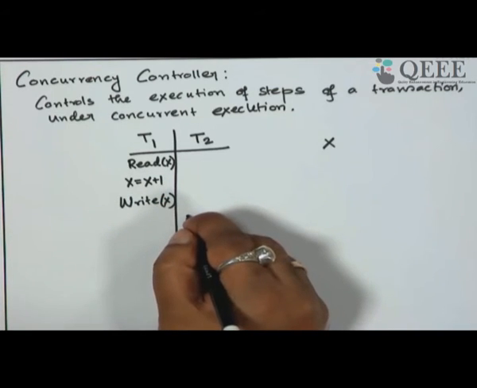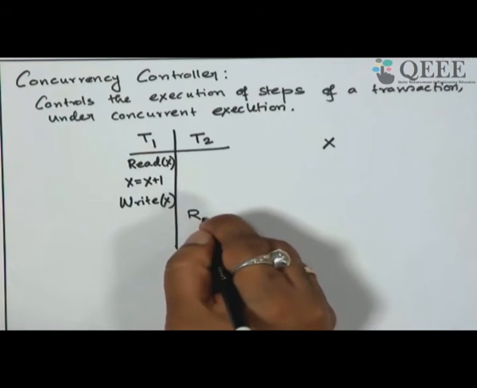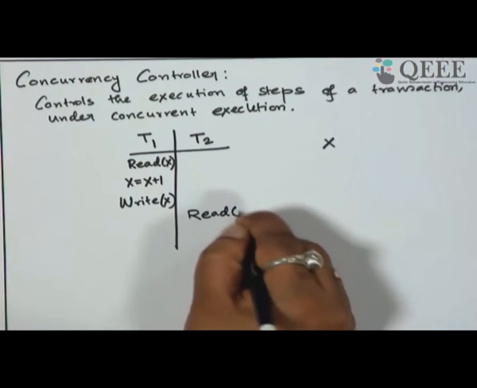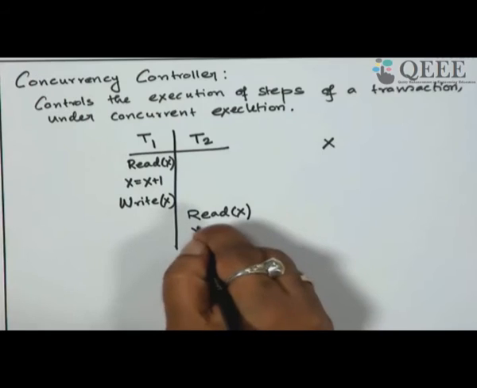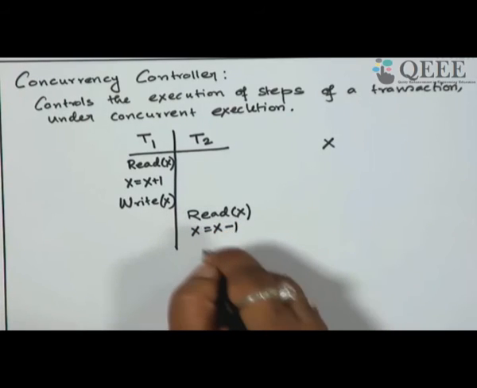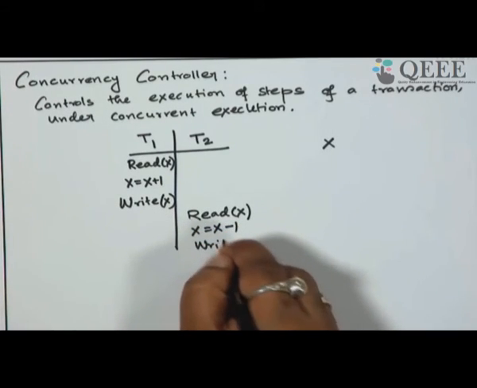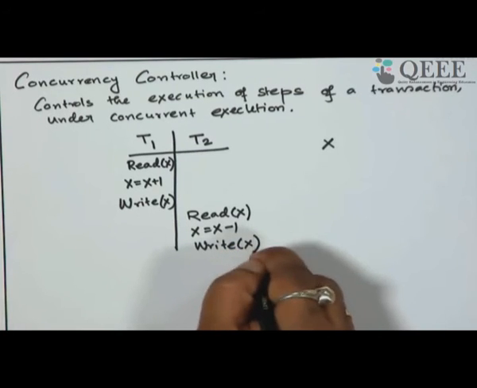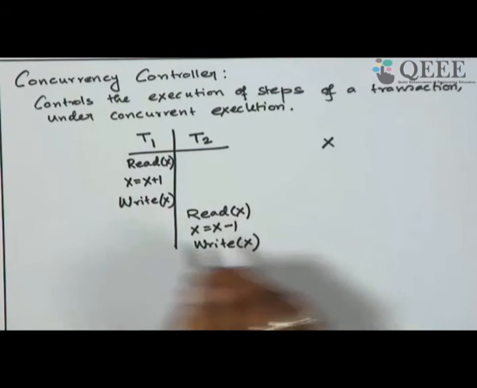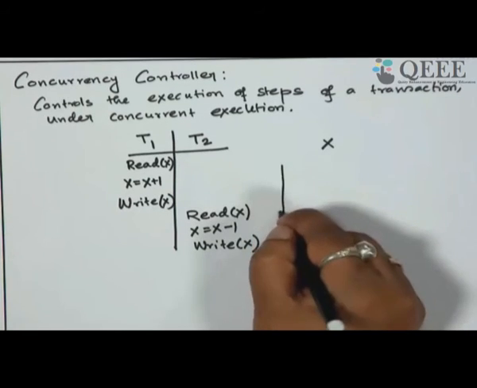Then transaction T2 again reads X from the disk, diminishes X by 1, and writes X to the disk. So this is transaction T1, this is transaction T2.